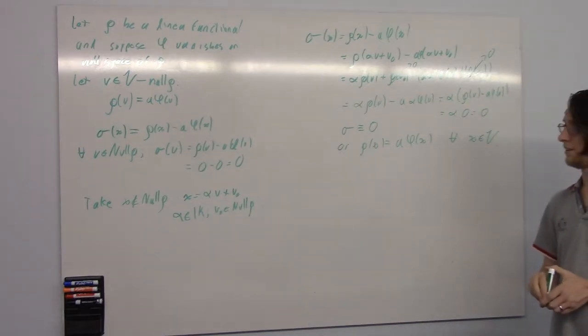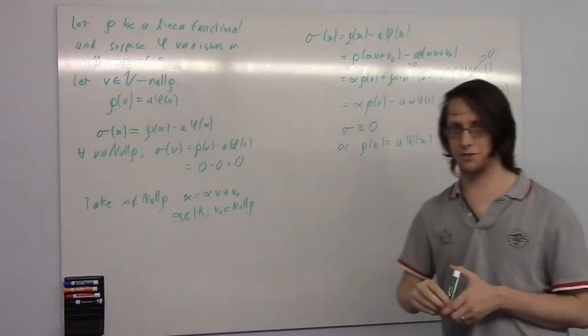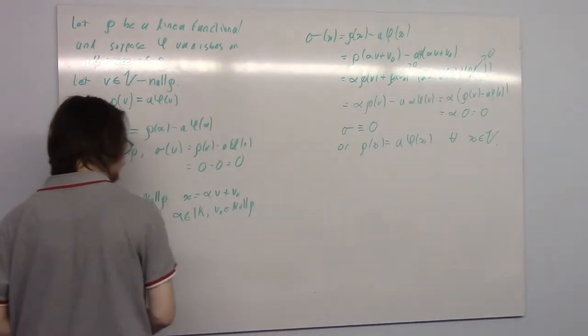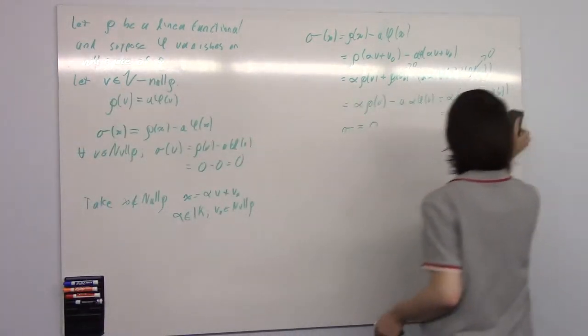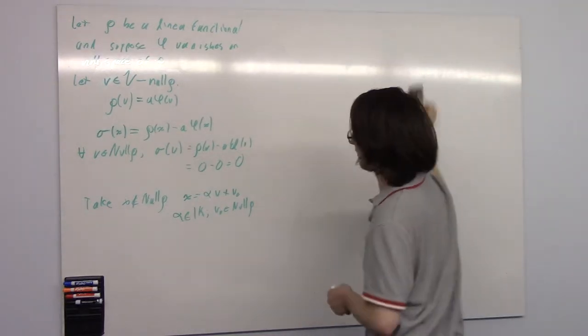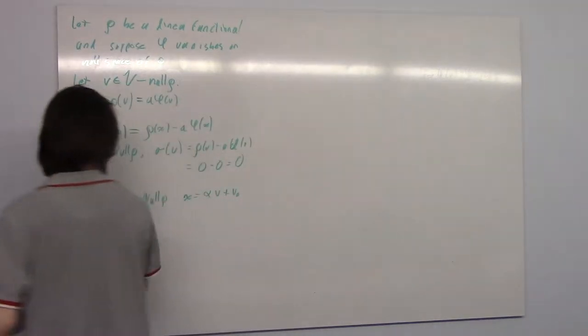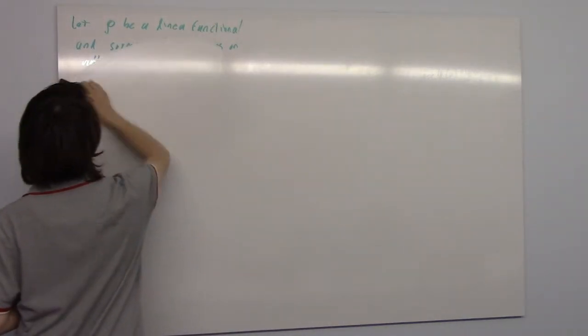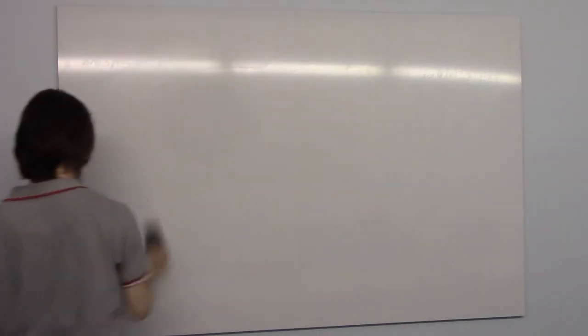Now, here we have two linear functionals. What if we have more than two? We're going to use induction. We just proved our base case. Here's what we're going to do.